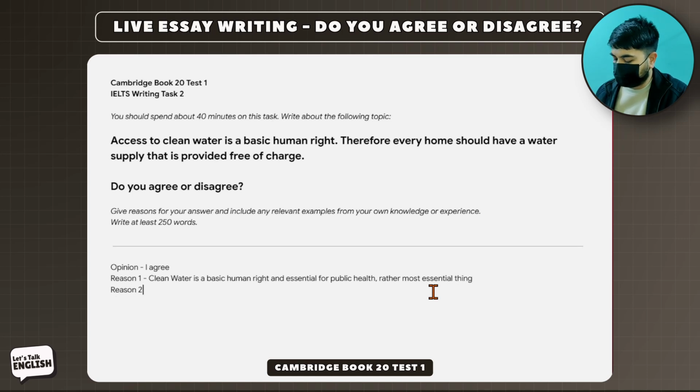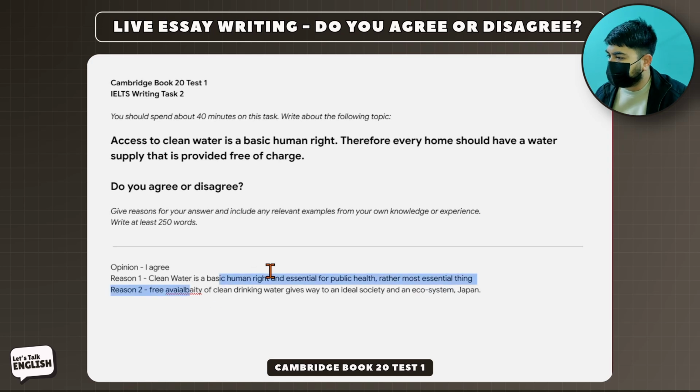Reason two is that free availability of clean drinking water gives way to an ideal society and an ecosystem. The thing that I have in mind here is Japan. Okay, so this is my planning.